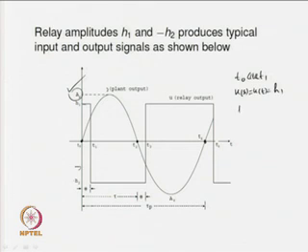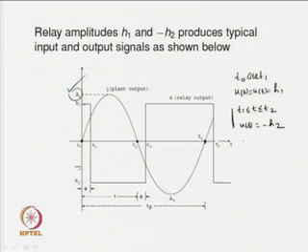From time t 1 to t 2, the input to the system u t is equal to minus h 2. It goes beyond that, but I will restrict my analysis from time t 1 to t 2, because after that, again we have a span for theta seconds, for which we can start our analysis from t 2, assuming that the output signal at that time y t 2 is equal to 0.